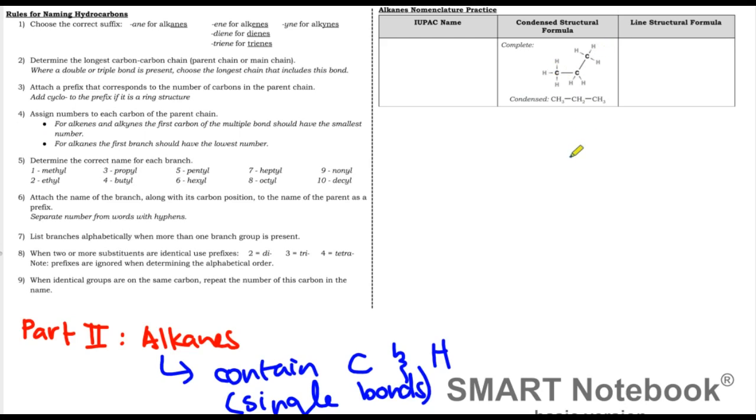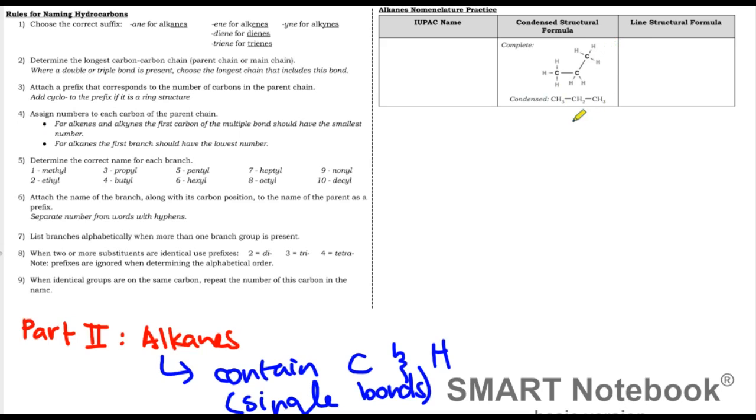From this point on, though, we will only look at the condensed structure, only because we know that carbon, if not attached to another carbon atom, will by default be filled with hydrogen atoms. Our focus when it comes to naming is also based on the number of carbon atoms. So this is the condensed structure, and then this is the complete structural formula.